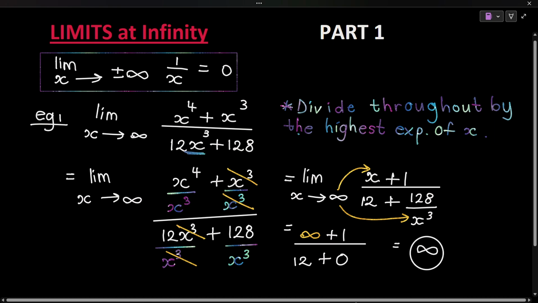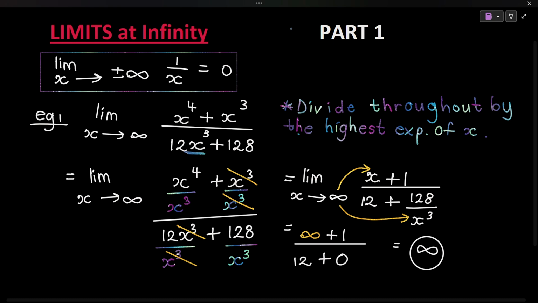Let's just quickly recap what we have done and complete our steps as well. So the first step is for us to identify the highest term or x with the highest exponent from the denominator. Once we've identified that, we are going to divide throughout by the highest exponent of x.